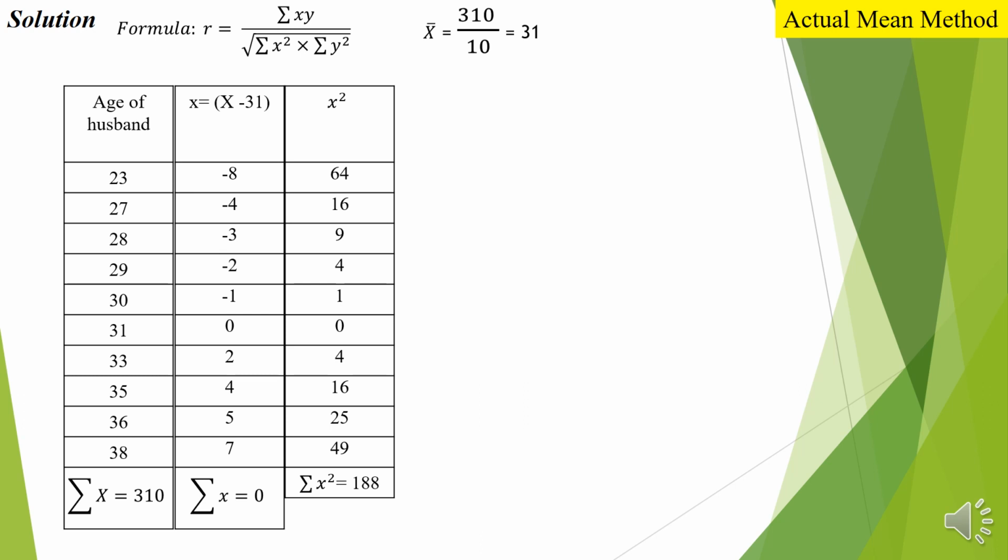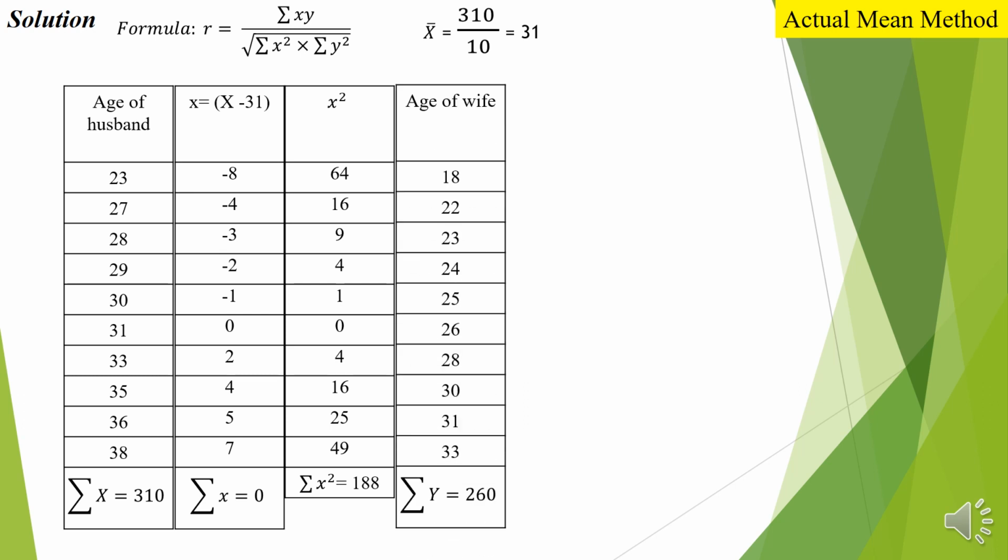Now we move on to calculate Y bar. For that we need the Y series, age of wife, and the sum of Y is equal to 260. Now we can find Y bar, which is equal to summation Y divided by n. Here summation Y is 260 and n is 10, so the mean is 26.